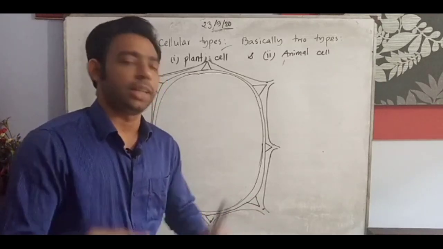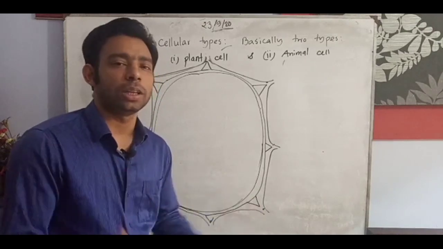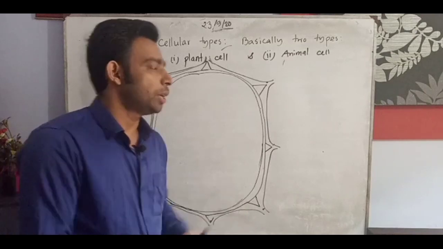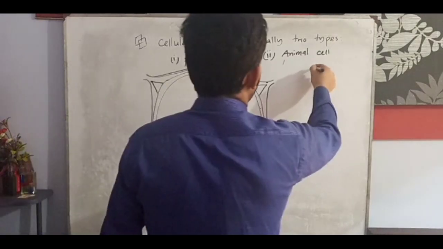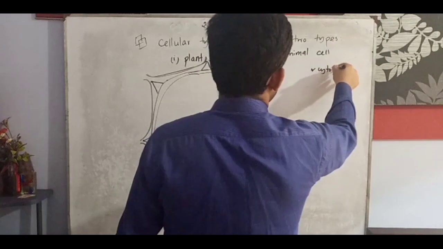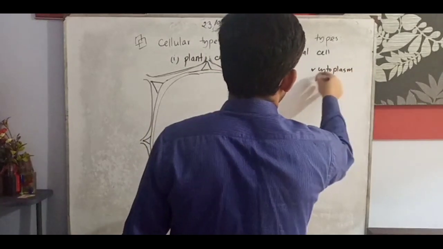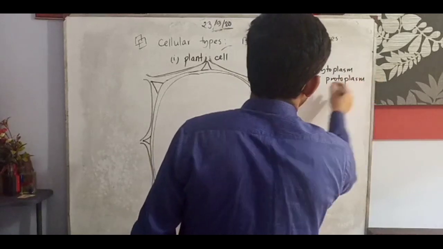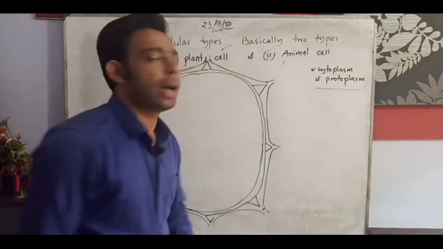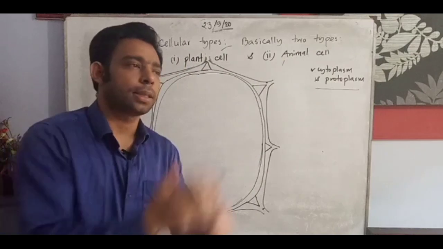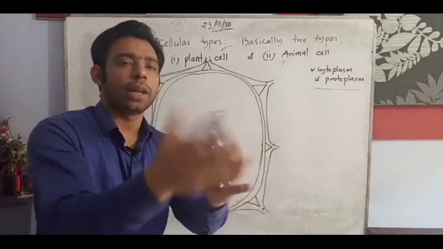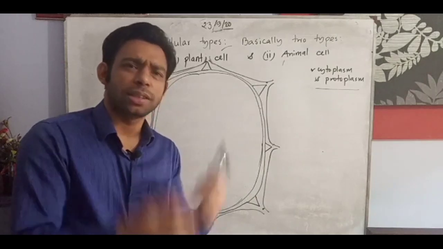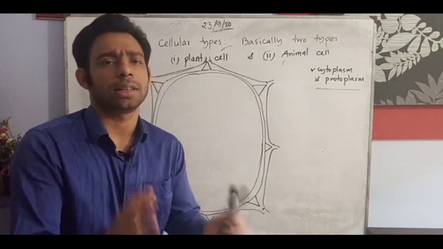I think you have the concept about the definition you learned at your SSC level, the cytoplasm and protoplasm. So we need to know cytoplasm and protoplasm here. I will make it very easy for your mind. When we ask students, please tell what is the cytoplasm, they say, sir, it is a liquid, jelly-like substance in the cell.